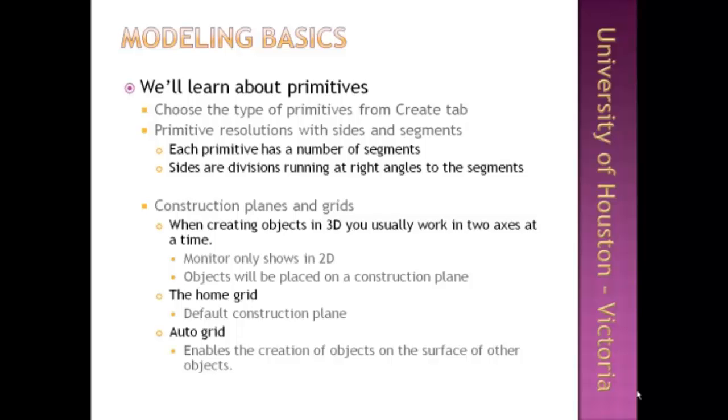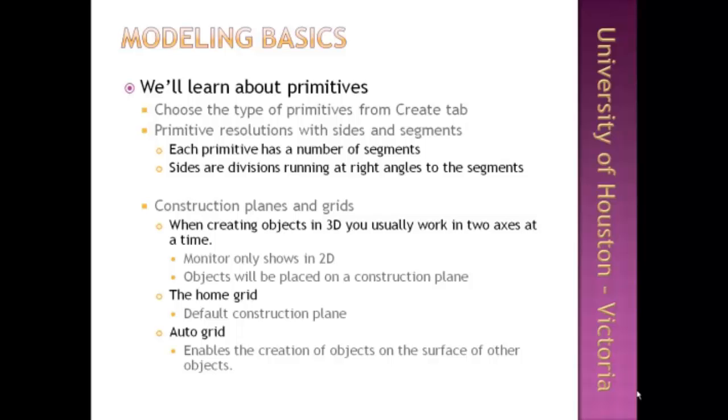Then you can manipulate and modify them, as we'll see a little bit later today, to create more complicated and complex three-dimensional scenes and objects. So again, a primitive is the basic standard building block of a three-dimensional scene.